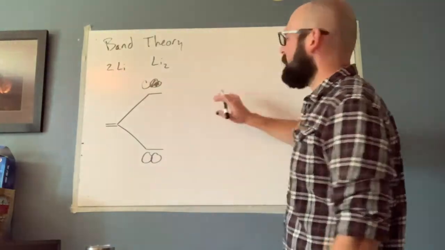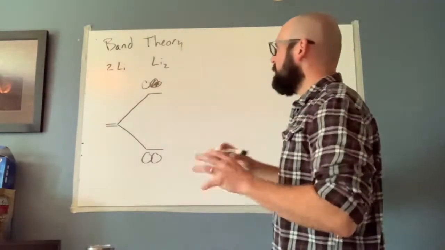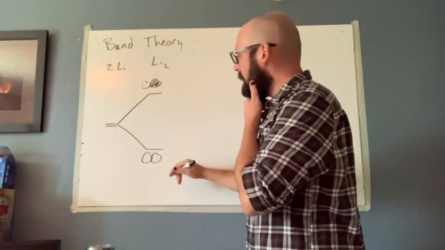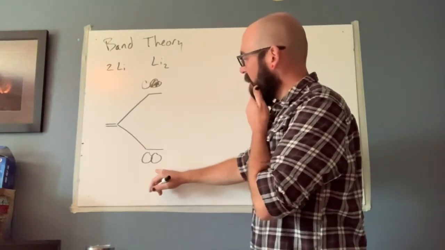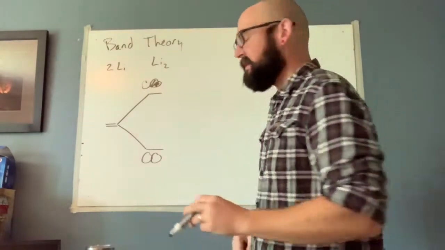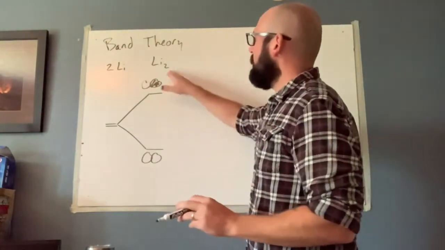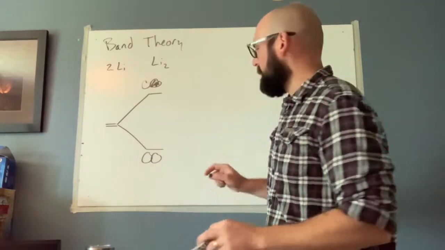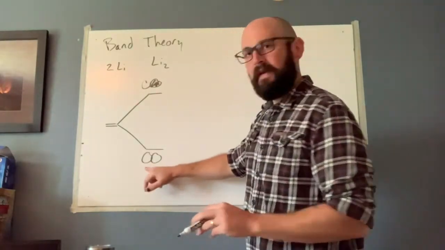But if you consider a linear system, we have the possibility in which we have two Li2s now. So let's consider two Li2s. We have our molecular orbitals for each of the Li2s already identified. So we have completely in phase.